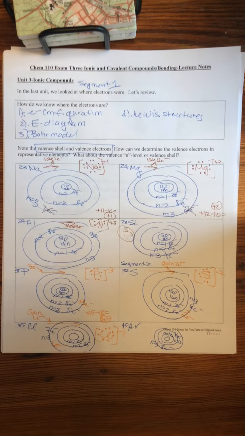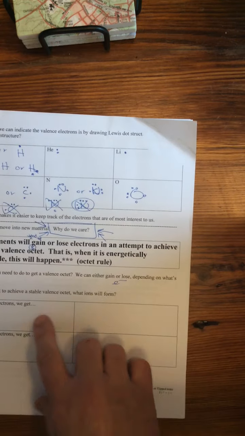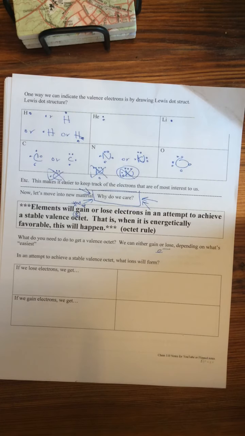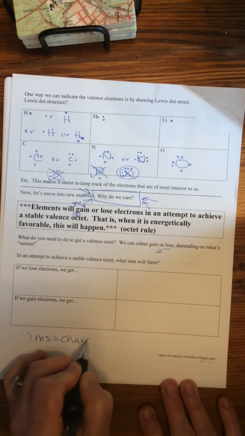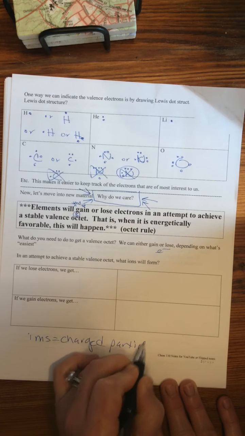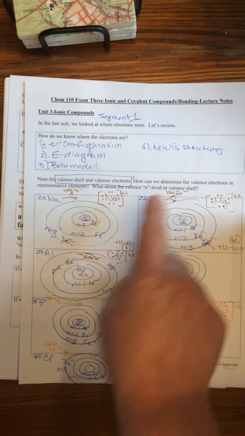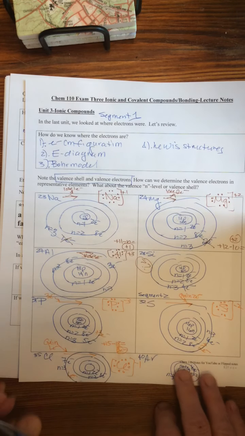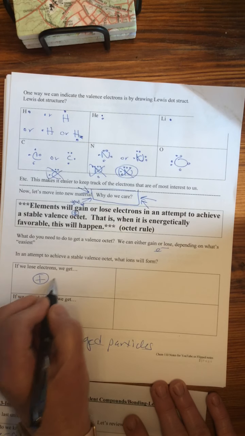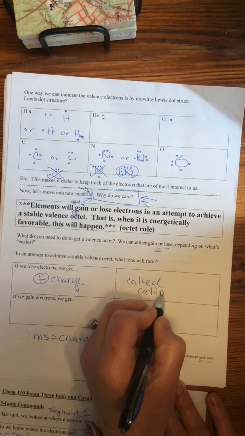Okay, so let's go to the next page in our notes. Ions are charged particles. Okay, we talked about that before. Ions are charged particles. So if we lose electrons, we get a positive charge, and these are called cations.